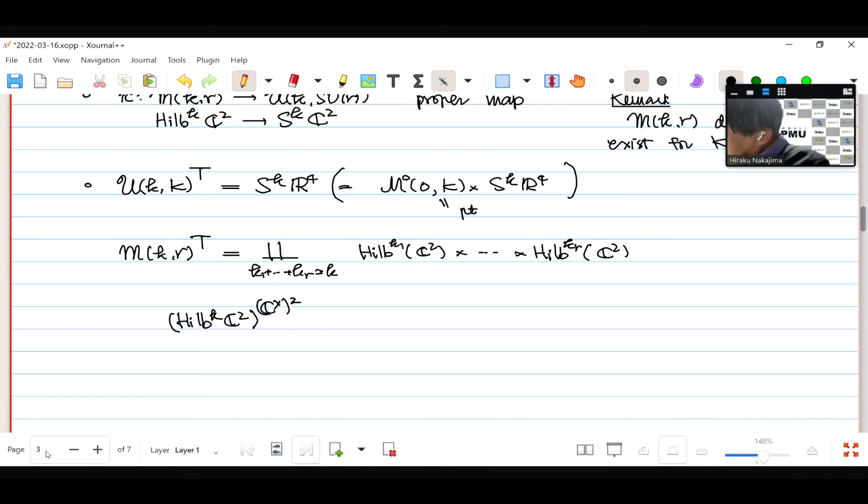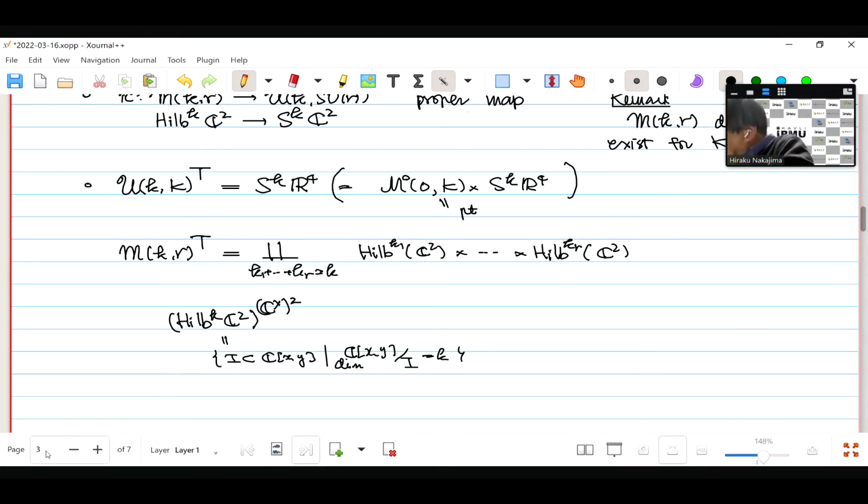So this was the set of ideals I such that the quotient is K-dimensional. And the condition for this to be fixed by the (C*)^2 is that I rescale x and y by scalars t1 and t2, and this ideal must be preserved under this rescaling.